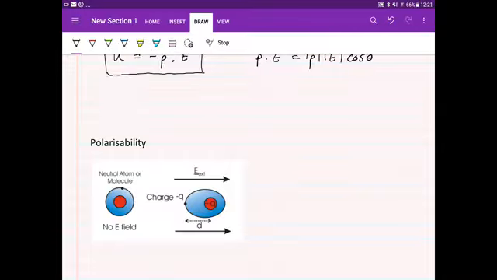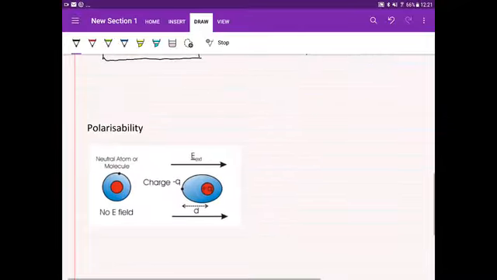However, when we apply an electric field to this atom or molecule, it generates a dipole, because the electrons will want to shift slightly as a result of the electric field in the negative direction, and the positive charge will be slightly more exposed in the other direction. So when we apply an electric field, that will distort the electron cloud.